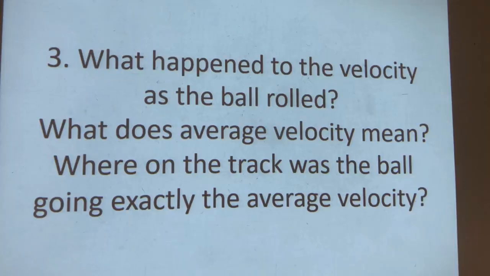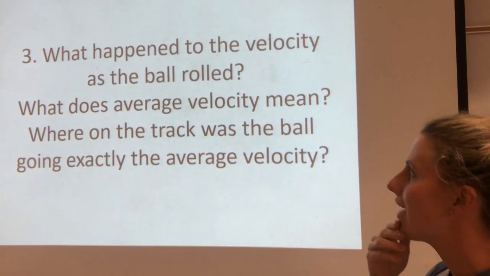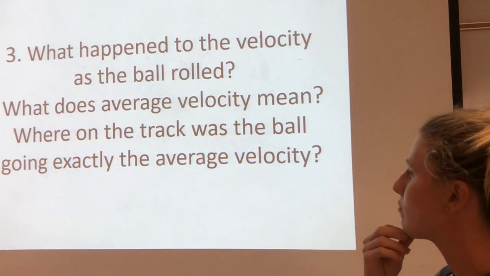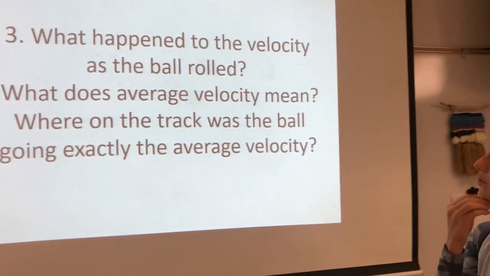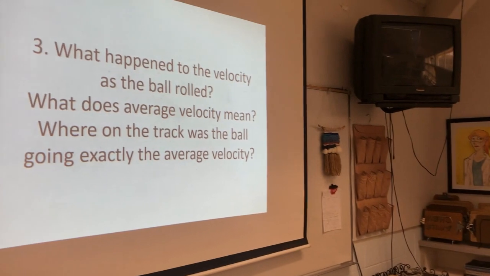Interesting. So, ladies and gentlemen, make sure you have this written in your notebook. Answer these questions with me. What happened to the velocity as the ball rolled? What does average velocity mean? Where on the track was the ball going exactly the average velocity? Well, let's take a look here.